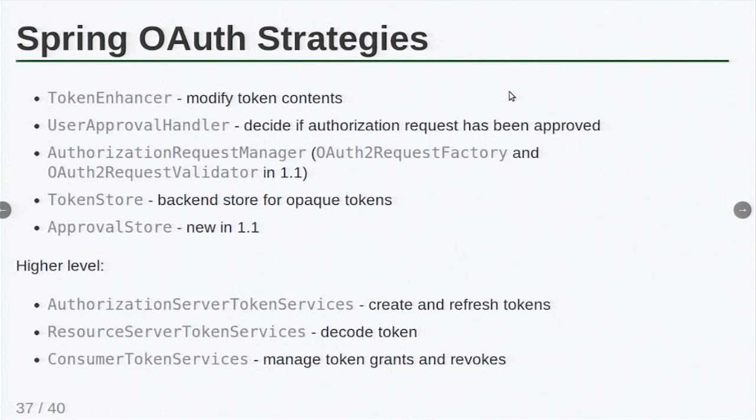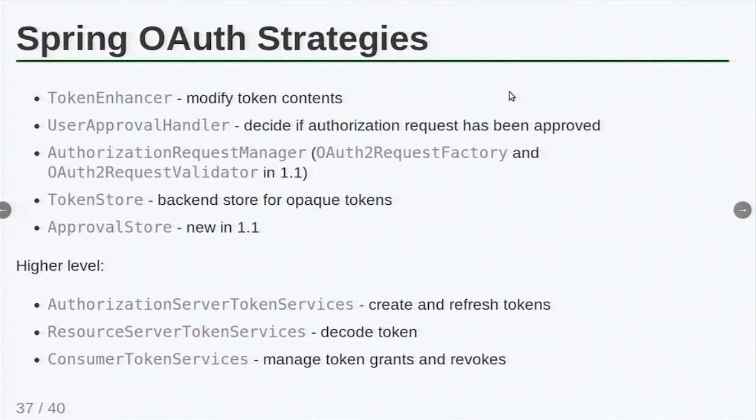You could add additional information to the fields represented by the token, if it was opaque. You could also change the format of the token from opaque to encoded, and that's actually what the UAA token enhancer in the UAA does. It creates JWT tokens. And actually now in 1.1, there's a similar thing in Spring Security OAuth.